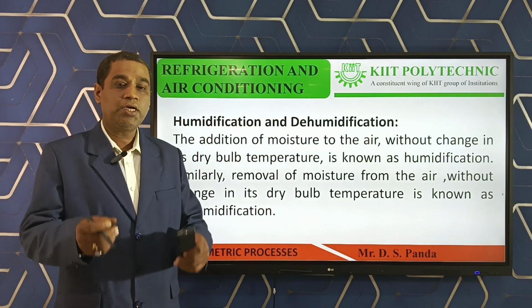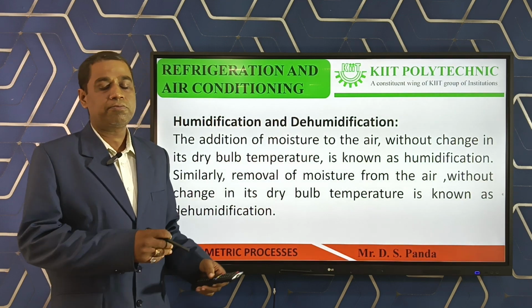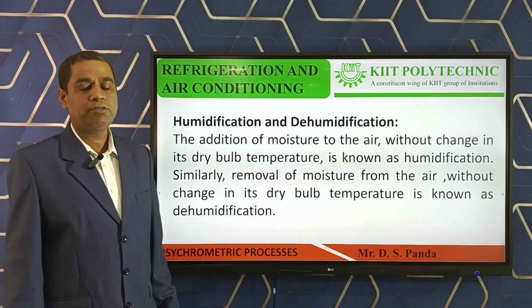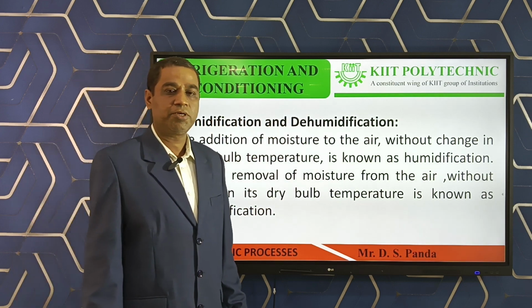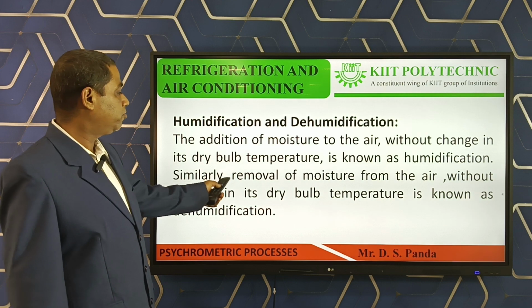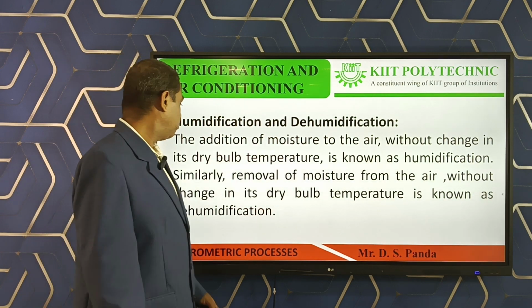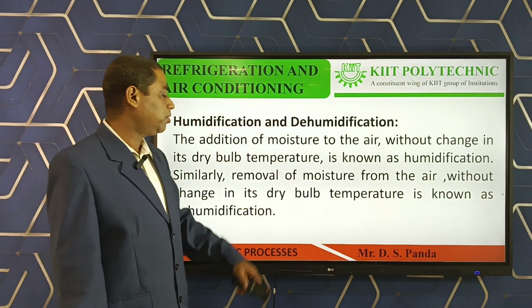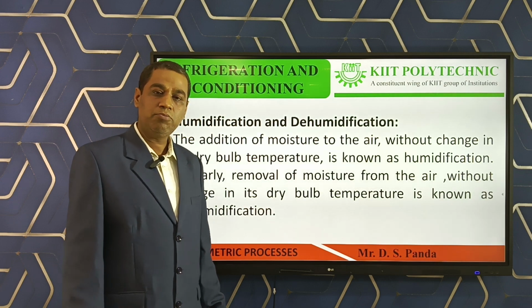If we remove some amount of moisture without changing its dry bulb temperature, then it is dehumidification. Similarly, removal of moisture from the air without changing its dry bulb temperature is known as dehumidification.